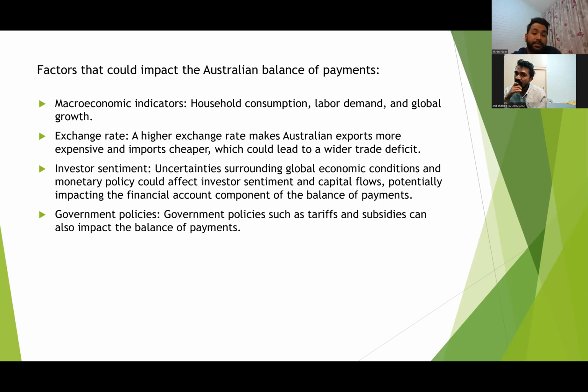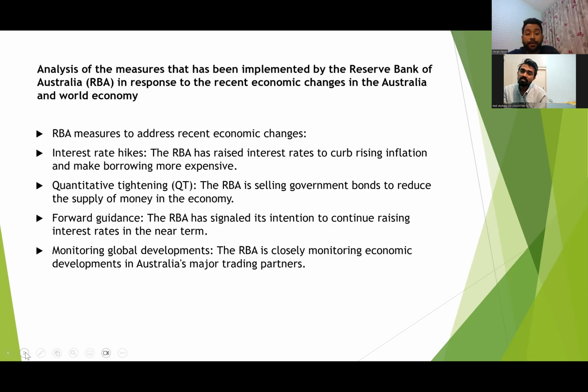And then investor sentiment. Uncertainties surrounding global economic conditions and monetary policy could affect investor sentiment, which we have already covered. Government policies, such as tariffs and subsidies, can also impact the balance of payment.